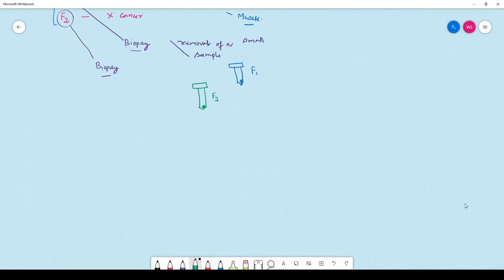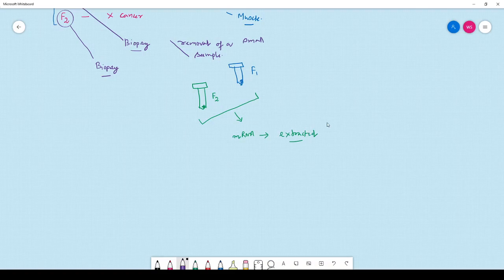From both these biopsy samples, messenger RNA is extracted. There are different protocols for how to extract messenger RNA.